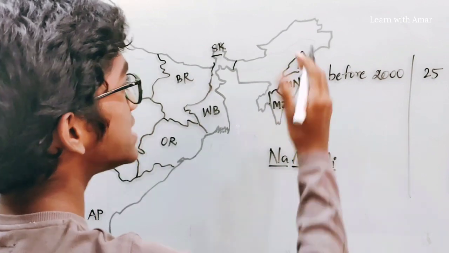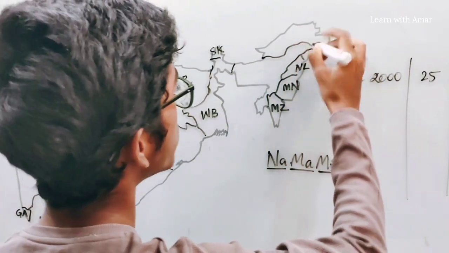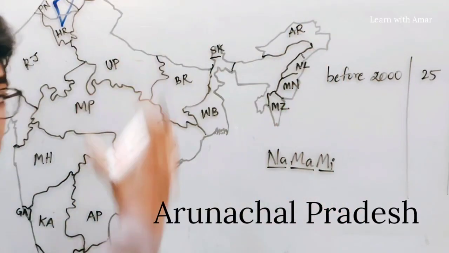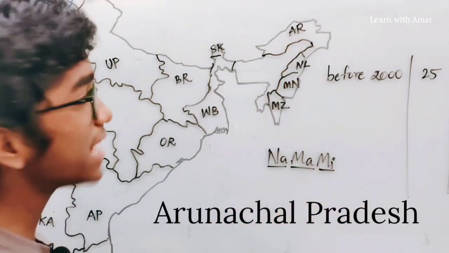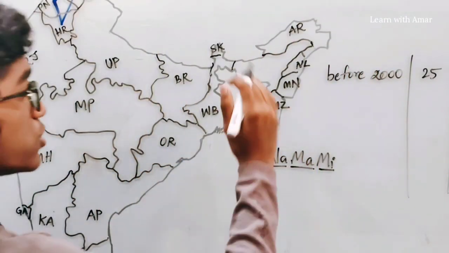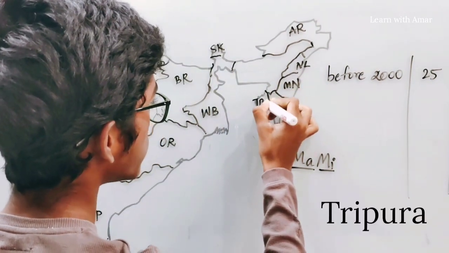Then we find the state which is the easternmost state of India. This is Arunachal Pradesh. This is the state of India which receives the first sunlight, as it is located in the easternmost part of India, here. Next we join this and we get Tripura.